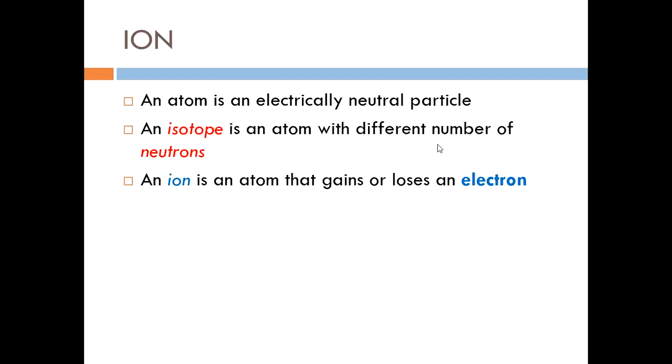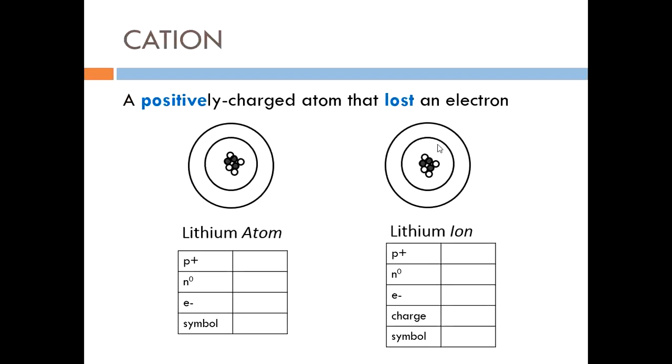So let's see what happens when an atom gains or loses an electron. There are two types of ions, a cation and an anion. A cation is a positively charged atom that lost an electron. Let's take a look at the lithium atom.